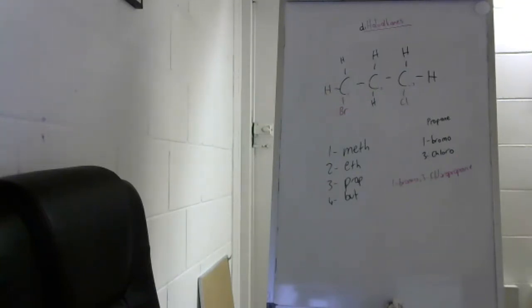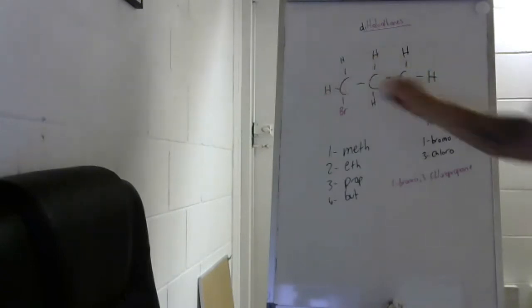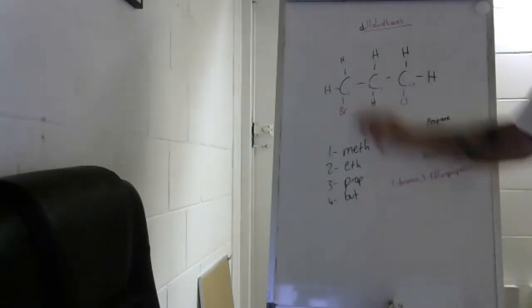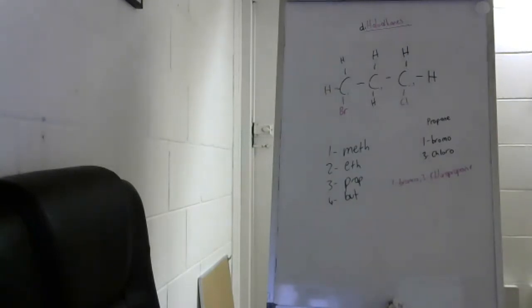So we name the backbone, an alkane, 3 carbon atoms, a chlorine coming off the 3rd carbon, and a bromine coming off the 1st.